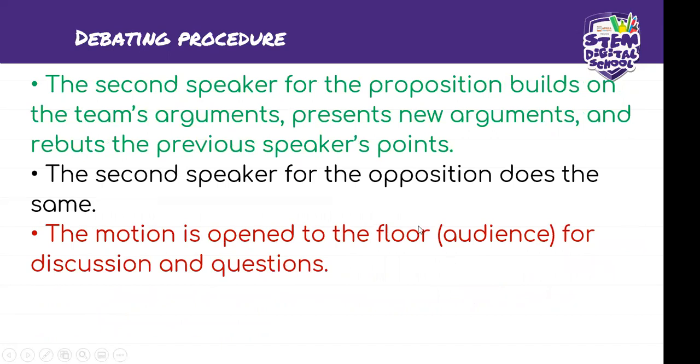After that, the second speaker for the proposition will build on the team's arguments and present new arguments and attack the previous speaker's points.